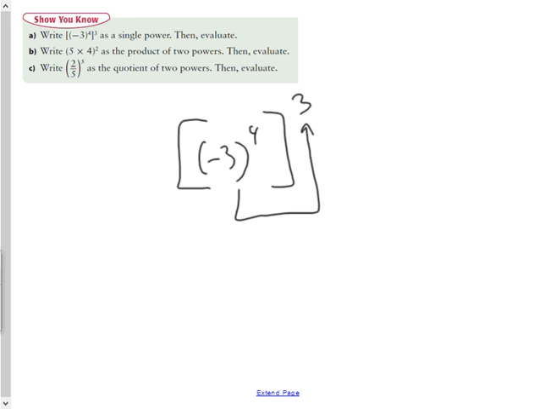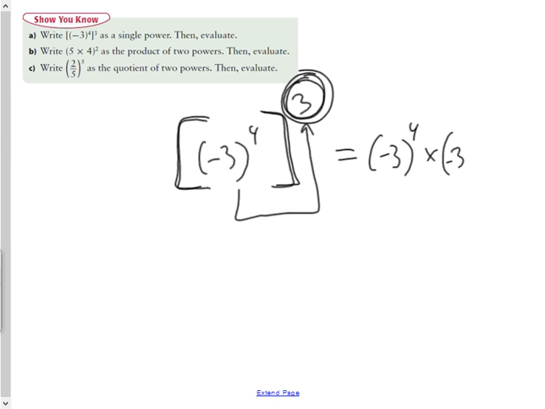If I'm cubing something, this whole thing is defined as the base, and I'm multiplying it by itself this many times. So in its essence, it would look like negative 3 to the 4th multiplied by itself 3 times. So I'd have another one of them, and another one of them. Just like we did before, each of these would be negative 3 multiplied by itself 4 times.